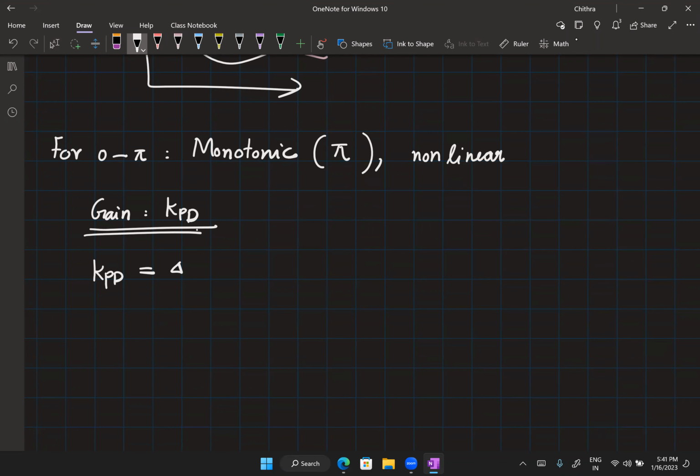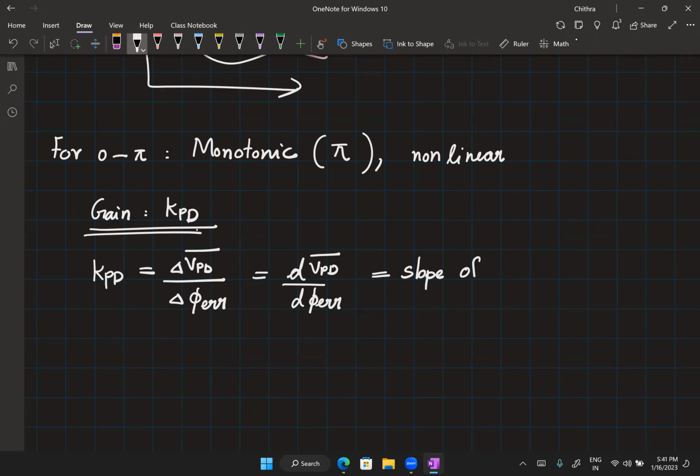So basically, this is change in VPD average when you have an incremental change at the input. Or in other words, I can write it in the form of derivative of VPD average. Or this is the same as the slope of the VPD average versus phase error curve.